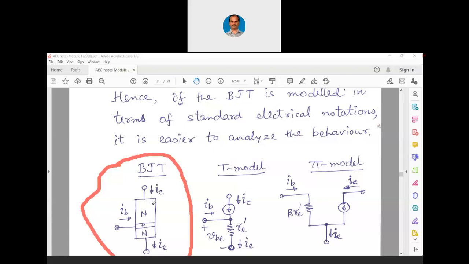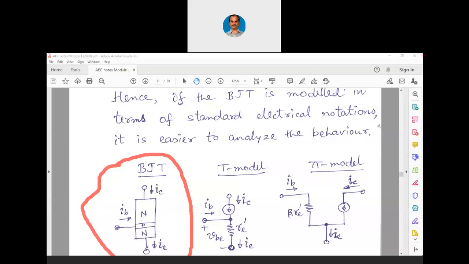Of course, there are accurate textbooks also, but in general, the normal textbook authors do not bother much about accurately depicting the transistor's construction. So I have purposefully written a diagram where you can see collector is much larger, base is much smaller, emitter is in the middle of these two regions. Emitter is somewhat of medium region, largest is collector, smallest is base. That is how a transistor is constructed.